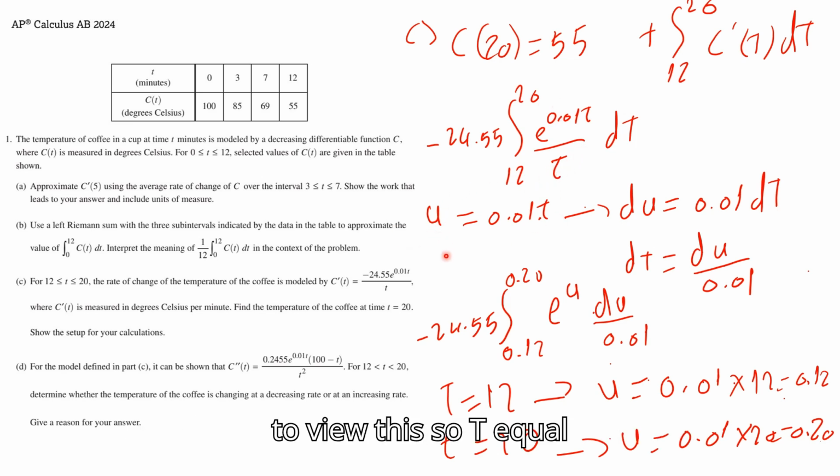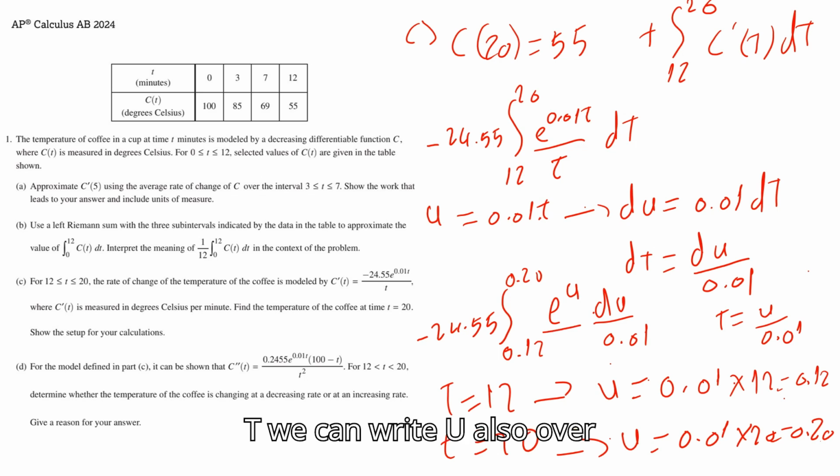We use this: t equals u over 0.01. So instead of t, we write u over 0.01. Here we can simplify 0.01 and 0.01.